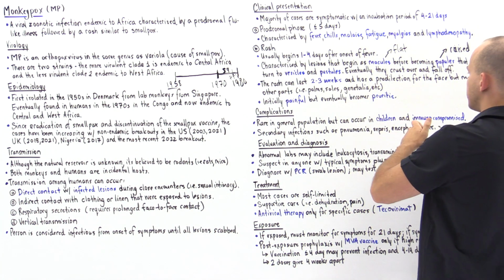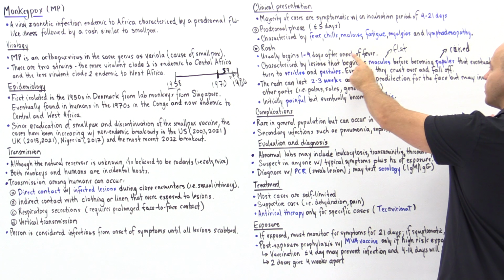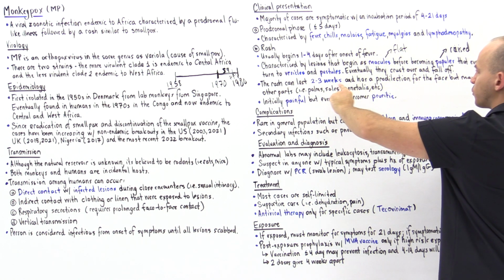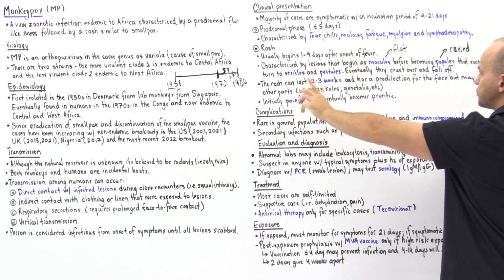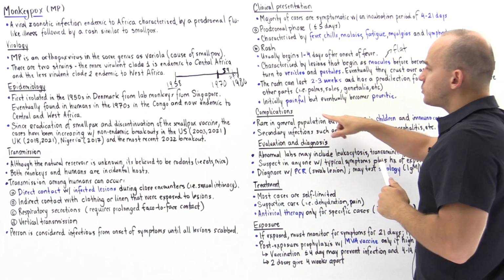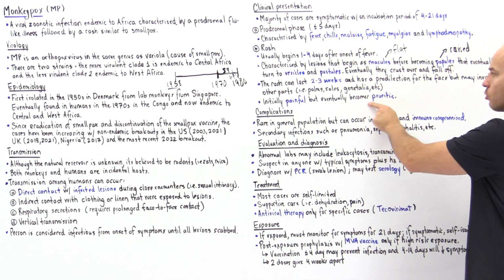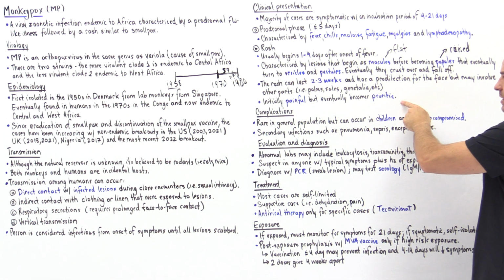So these can be very similar. Over time, they will crust over and fall off, but this can take up to 2 to 3 weeks to actually take place. Initially, the lesions are painful, but eventually they become painless and more itchy, so more pruritic.